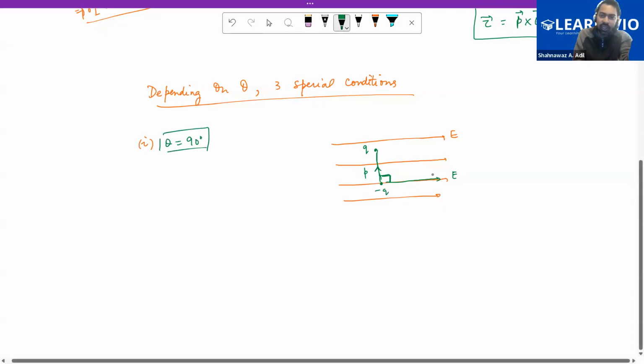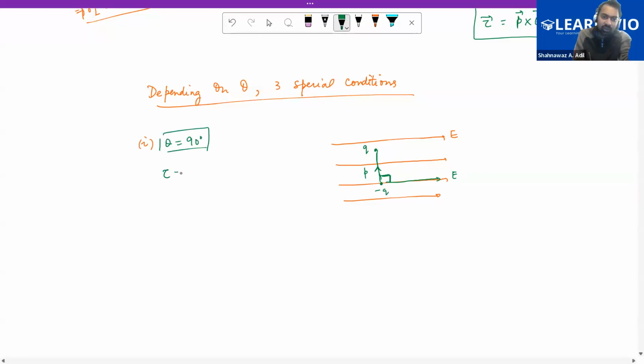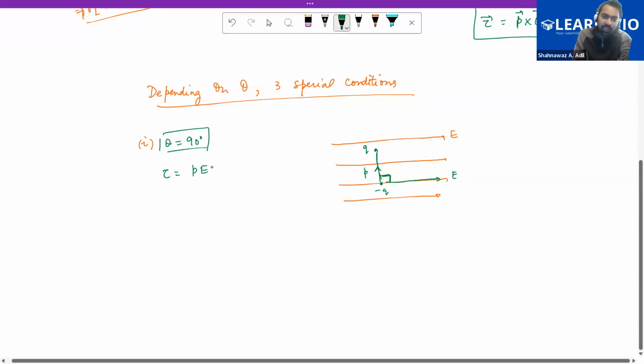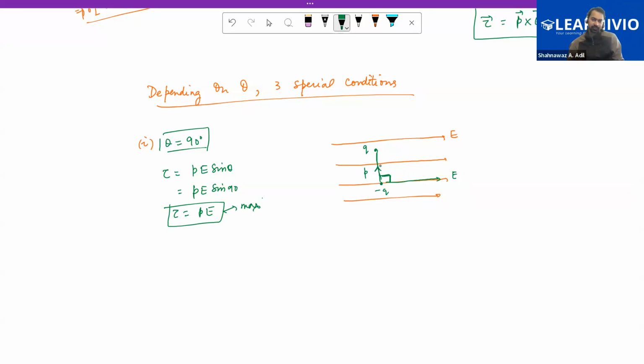And then what would be torque? Torque would be PE sine theta. Theta is 90, so sine 90 is 1, and this would be PE, which is maximum, right? So the maximum torque will be experienced at this point.